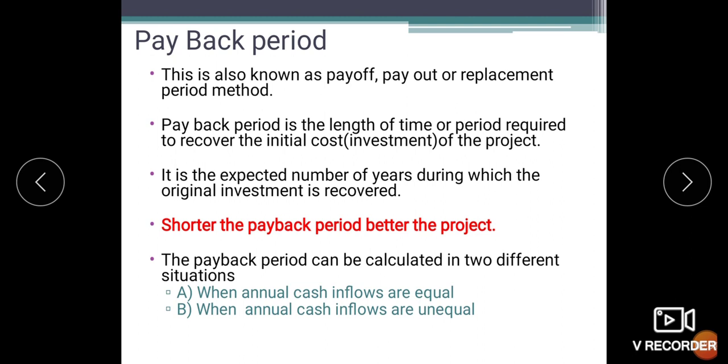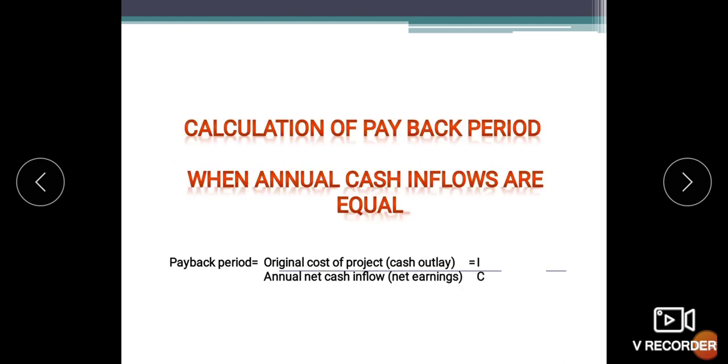So first of all, we will discuss the calculation of the payback period when the annual cash inflow from the project is equal.